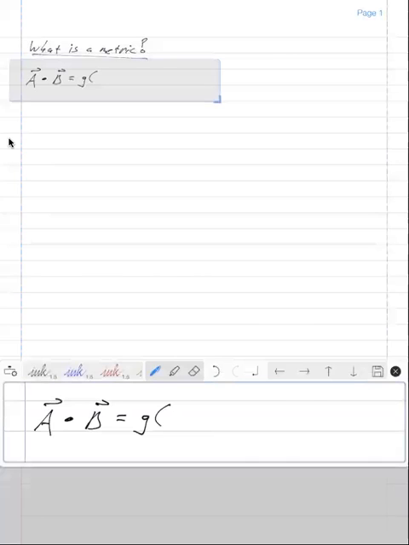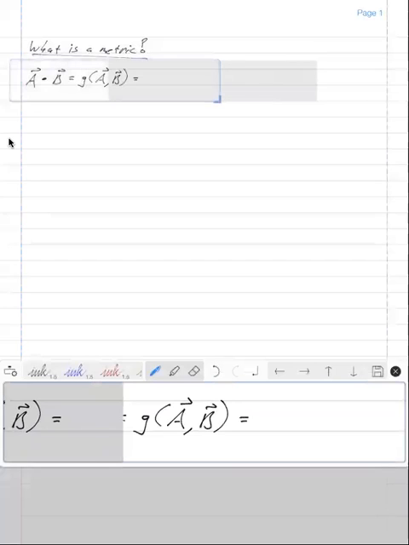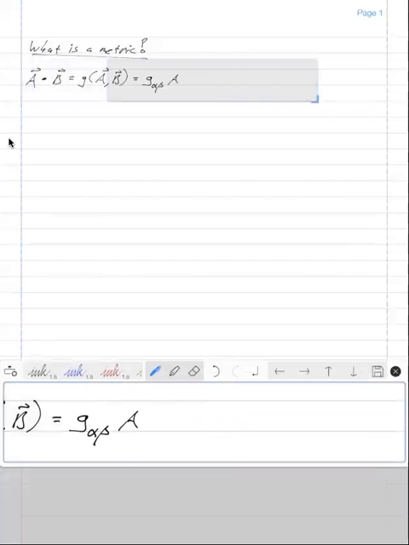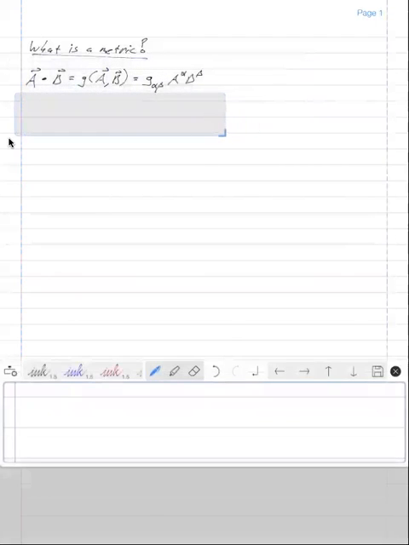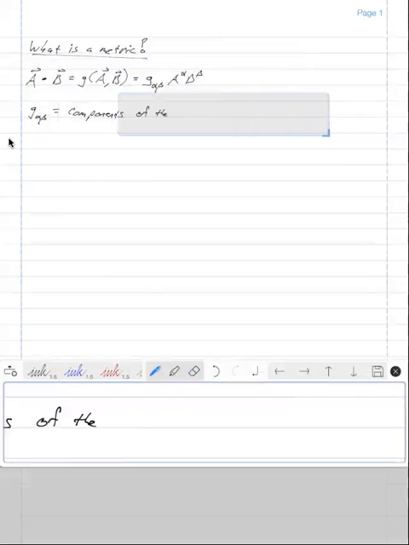So A dot B is equal to the tensor G, and we're going to give it two arguments, A and B. And we found that in component notation, this was G alpha beta, A alpha, B beta, and we said that G alpha beta is equal to the components of the metric.